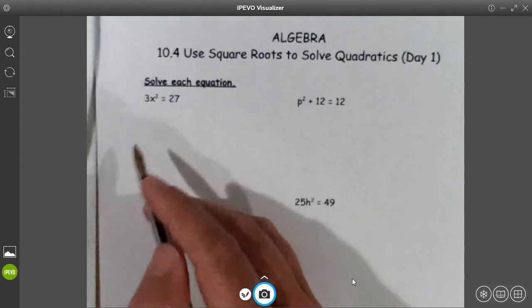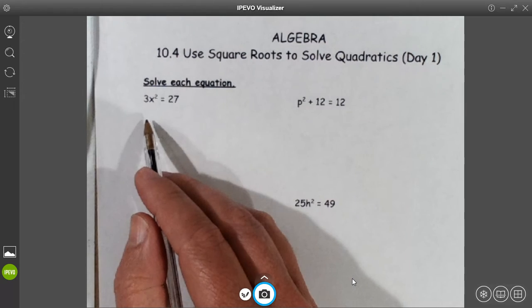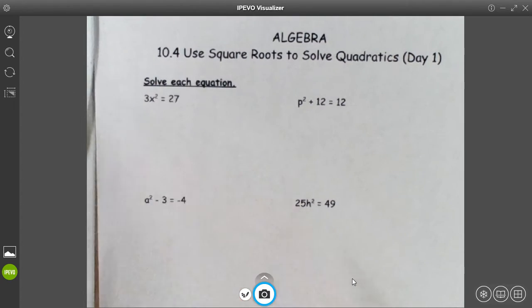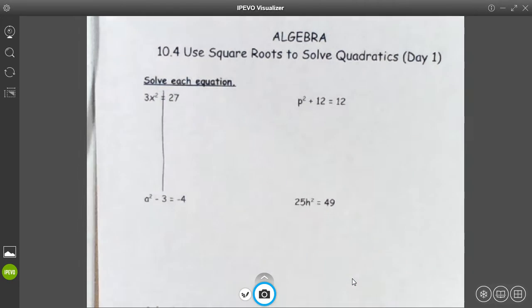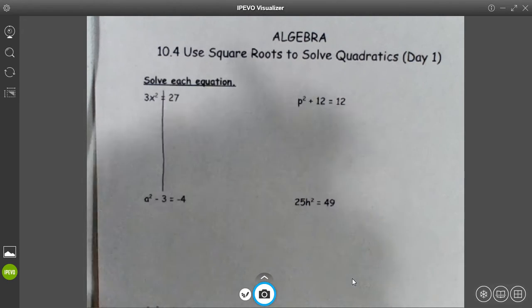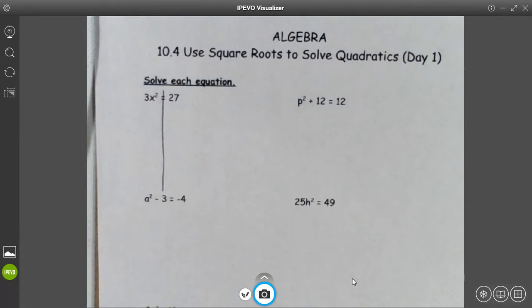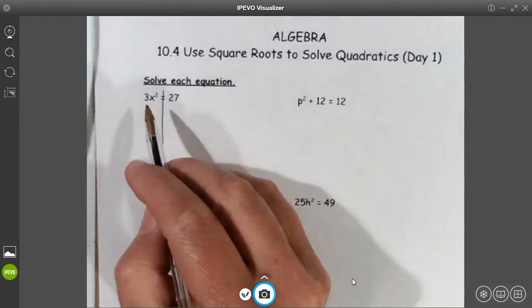So we're really going to solve this like we've always solved equations. If you want, for old time's sake, let's draw that line, and let's get x by itself by using the opposite operations. And again, even do an order of operations in reverse.